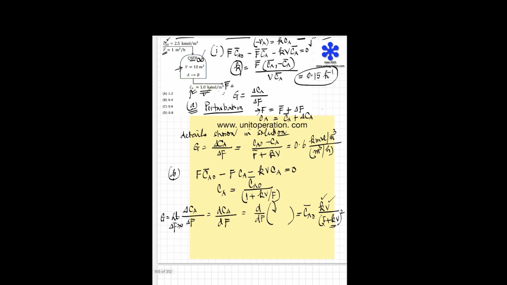If you substitute the values, we know k V and we know the values, then we find that the value of G is equal to 0.6 kilomole per meter cube over meter cube per hour. It's a slightly different way of doing the same problem. So this of course is the answer.